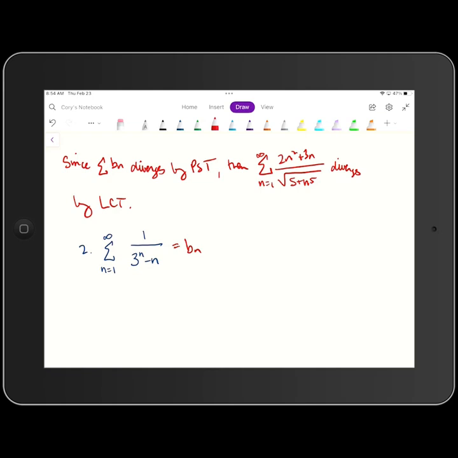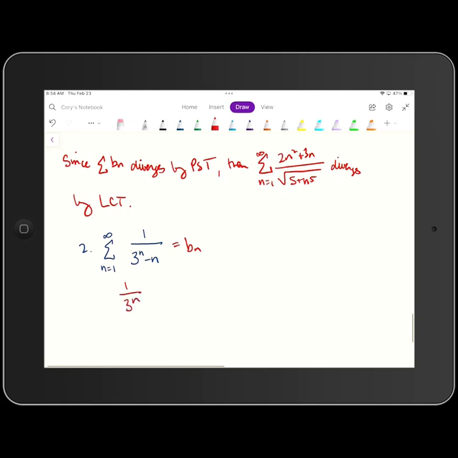So to figure out my a sub n, I figure out what the n behavior of the given formula is. That behavior is going to be dictated by 1 over 3 raised to the n power, which is a geometric series. And we know that that geometric series is going to be a convergent one.